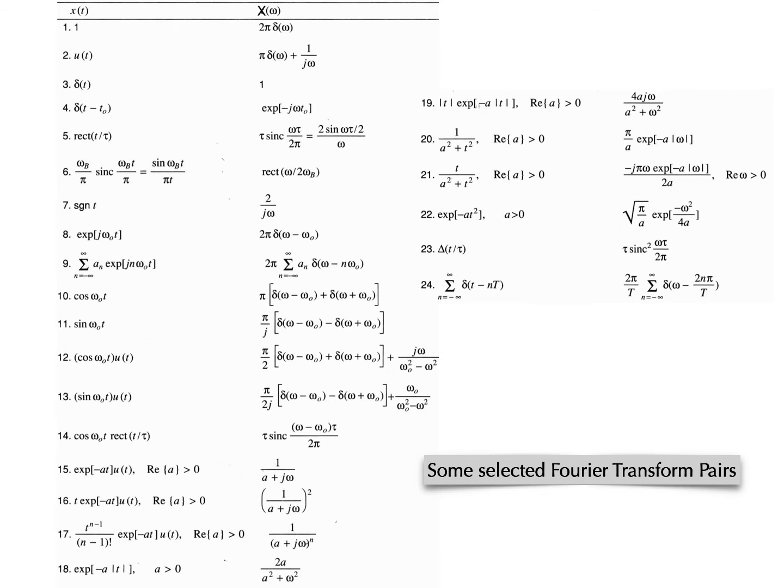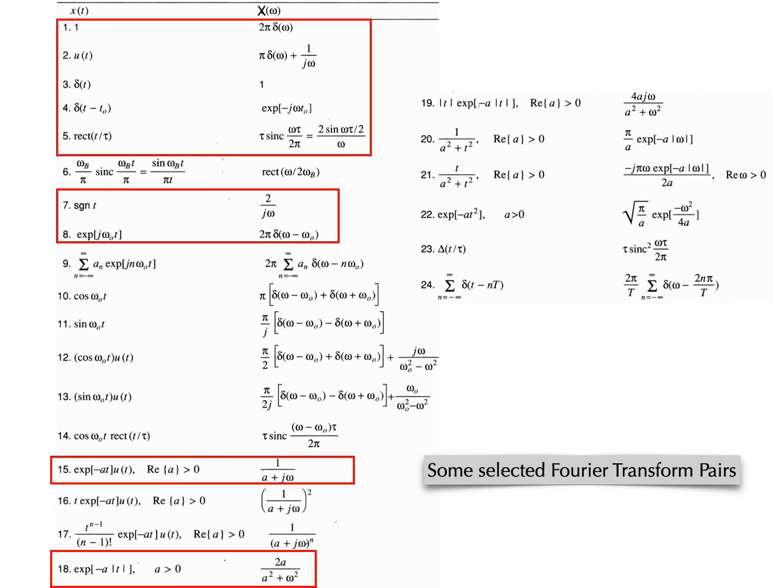This is what you have to show. This was your exercise. And the Fourier transform of the delta function is 1, and similarly if you go down to sine and cos, all of them are given to you.